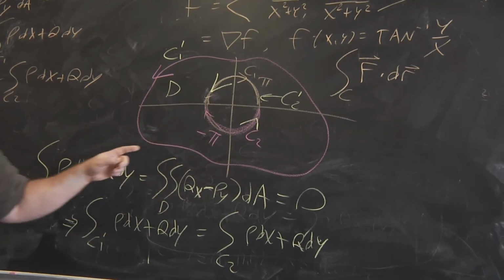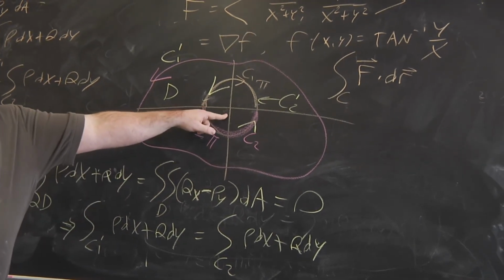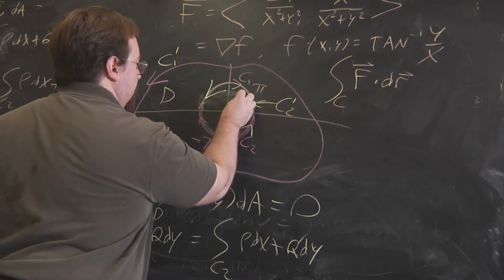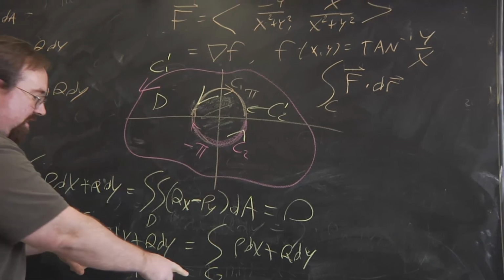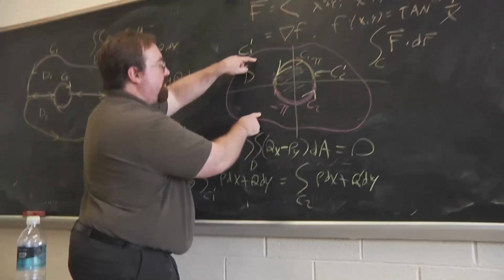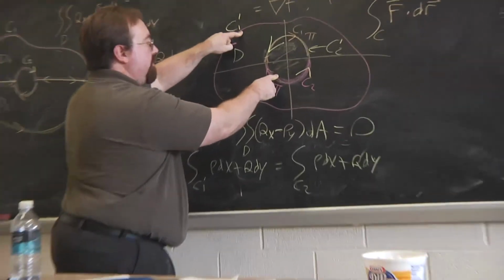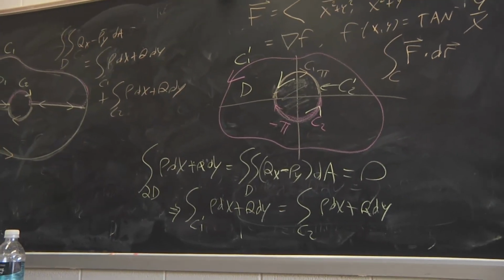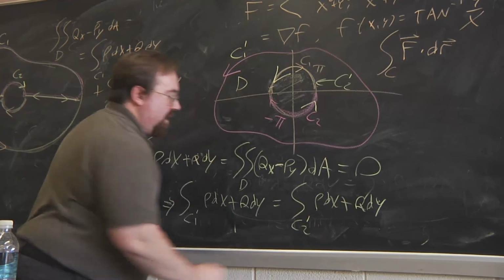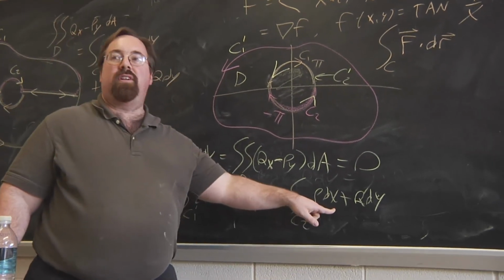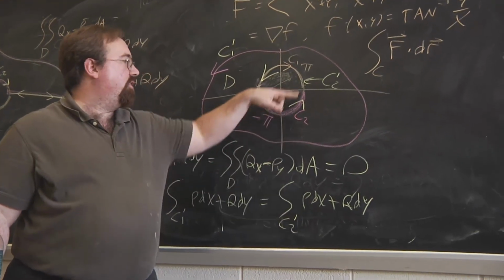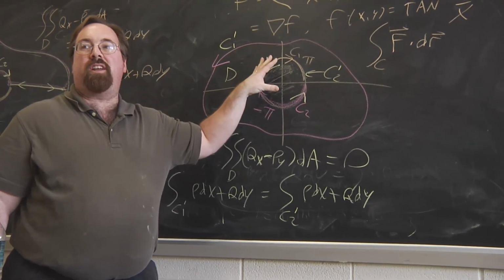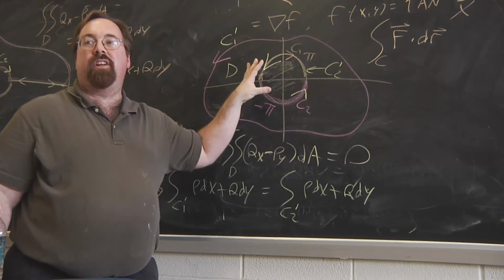But now, if I switch the orientation of this one, so that it serves as the boundary of a disk, the line integrals over these two pieces, C1 prime and C2 prime, are actually equal. And this integral, I know what it is. This is a disk, and I can pick an appropriate radius that fits within the region.